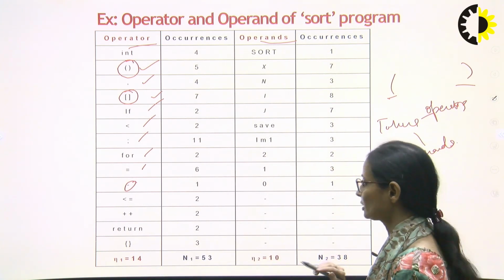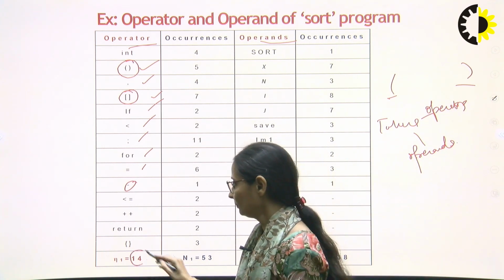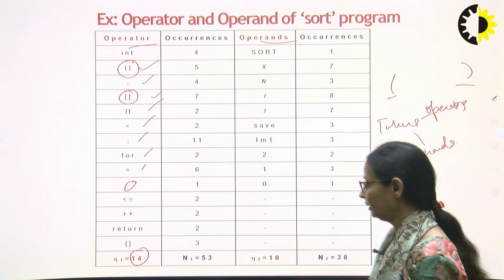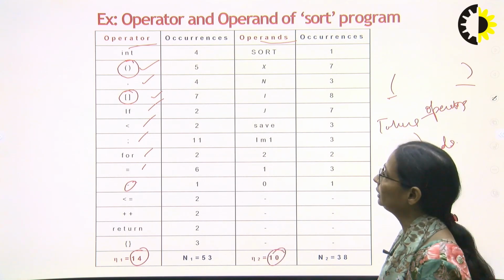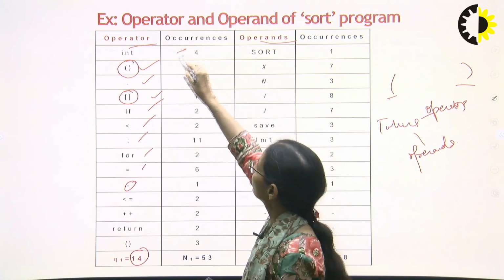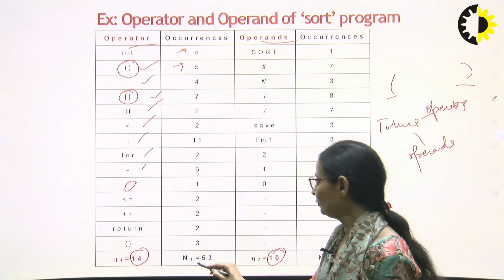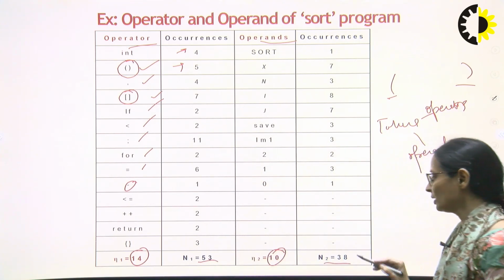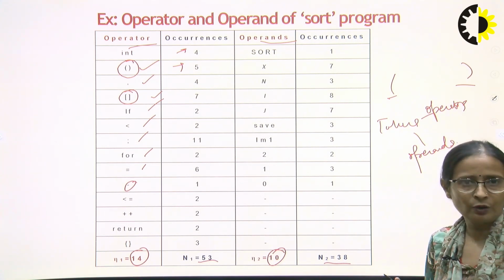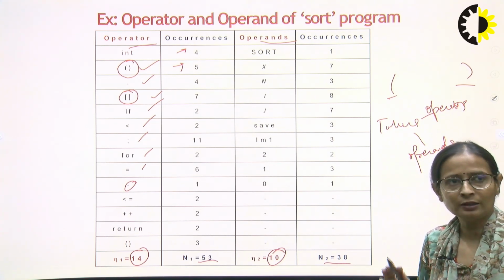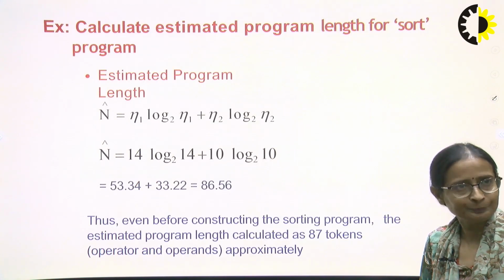Here eta 1 comes out to be 14, and eta 2 comes out to be 10. Here we have calculated the number of times they occur in my simple function: N1 is 53 and N2 is 32. So I have all the things I needed for further computation.